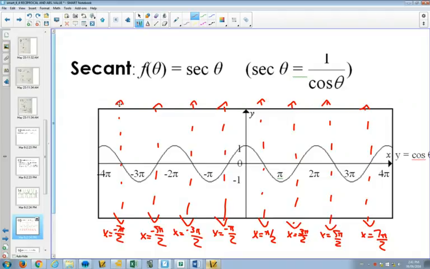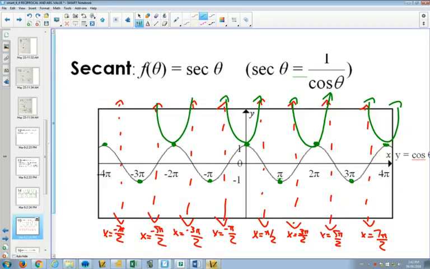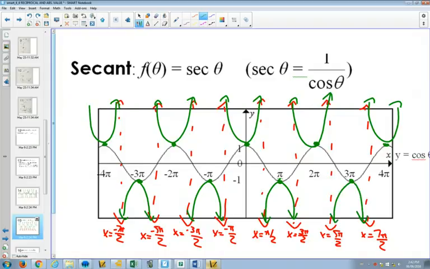There's our asymptotes. And same thing as with cosecant, these points would stay the same on top and bottom. Top sections, and it would look like that.